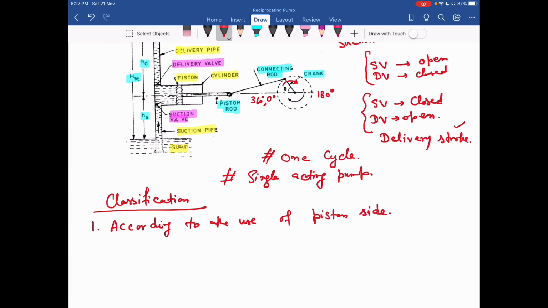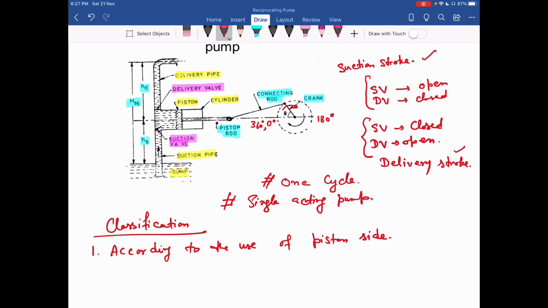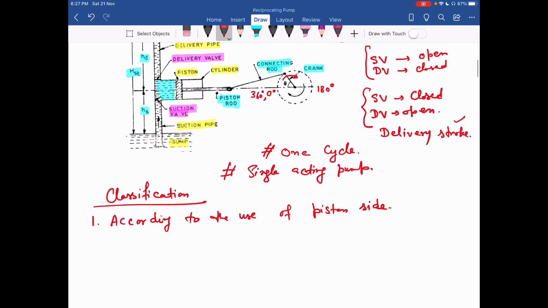So as you see in this diagram, we are only using the one side of the piston. Okay, so that is called single acting reciprocating pump. So the one type is single acting. Okay, the second type is double acting.